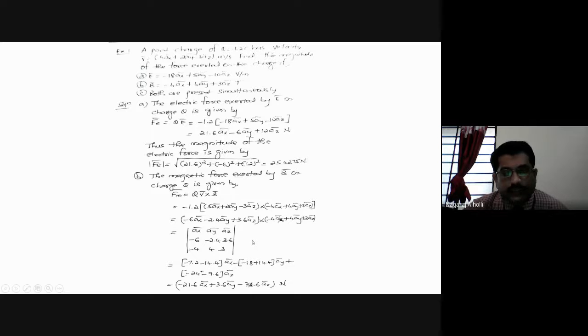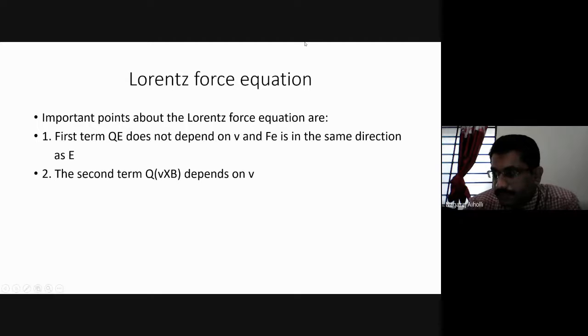Anybody getting the equation? What is the equation, students, you are getting? Tell me the equation for Fm bar. Anybody got the equation?